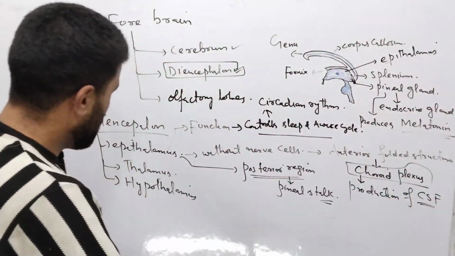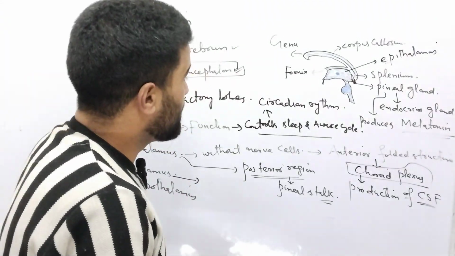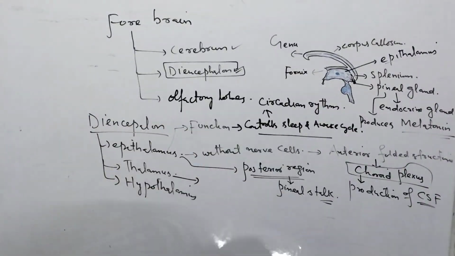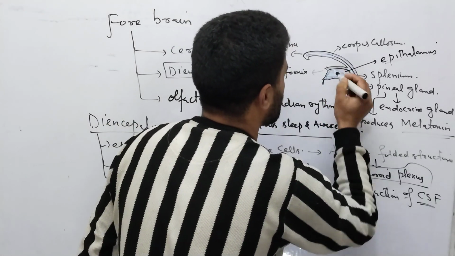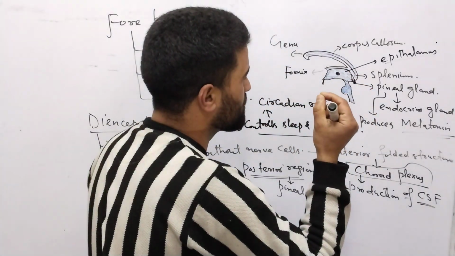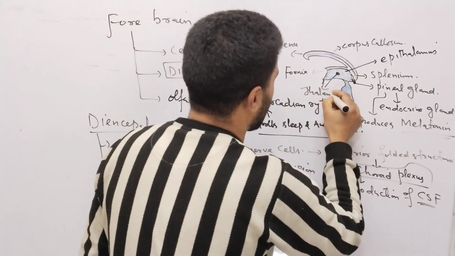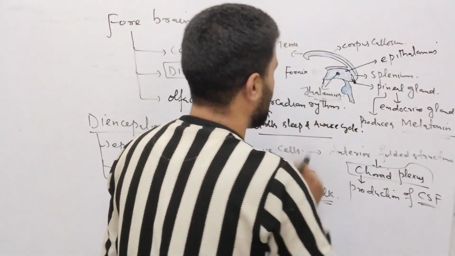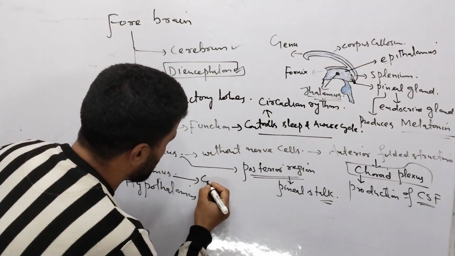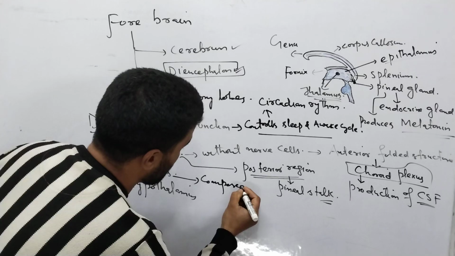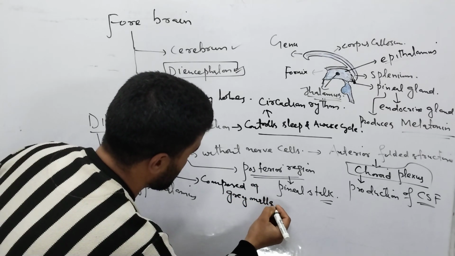Now, moving to the thalamus. This thalamus is basically situated here. Sorry, this is situated here. Small eye-like structure, small ball-like structure, the outgrowth. This is called a thalamus. Now, this thalamus is composed of gray matter, right?